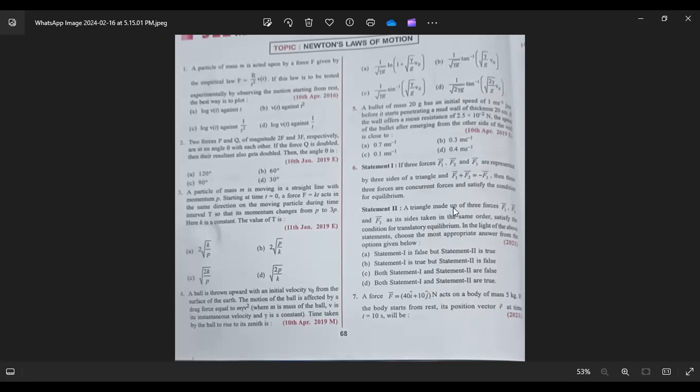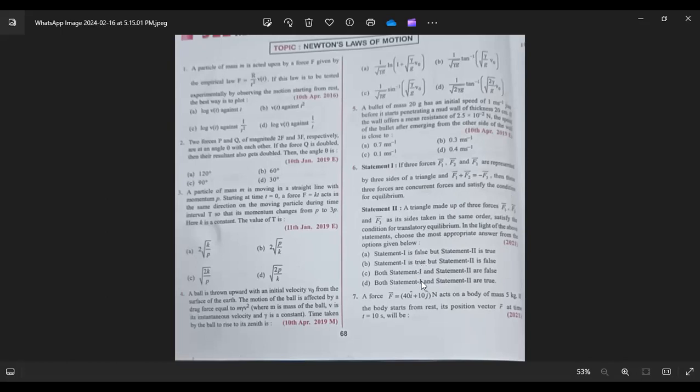Statement two: a triangle made by the three sides F1, F2, F3 taken in the same order satisfies the condition for translatory equilibrium. In the light of the above statements, choose the most appropriate answer from the options given below. Which is the right answer?